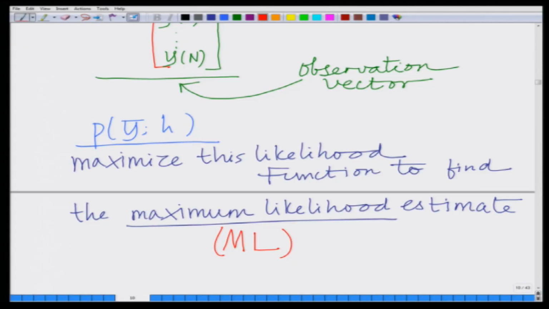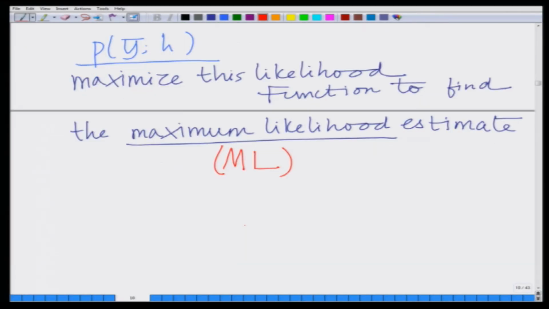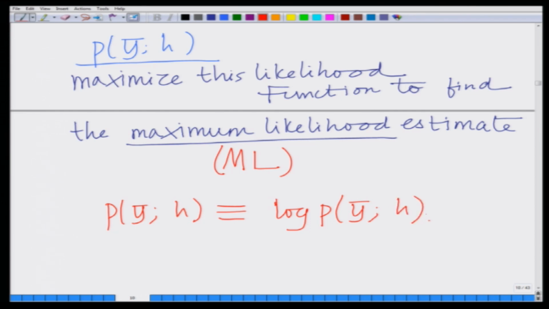Now, let us look at this. Instead of maximizing P of y bar parameterized by h, I can also maximize the log of P of y bar parameterized by h.